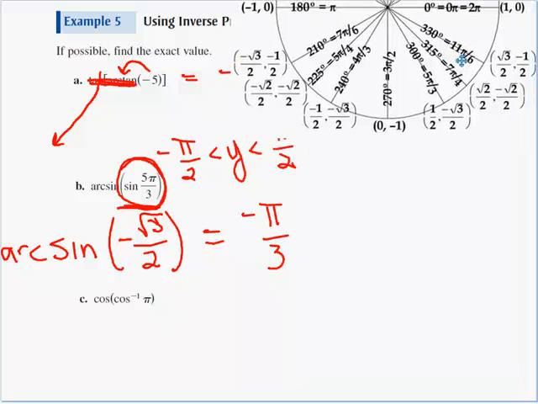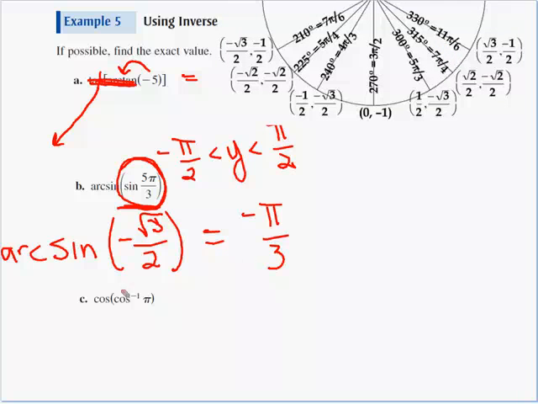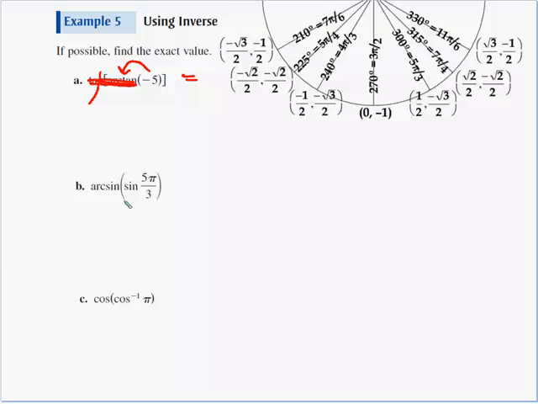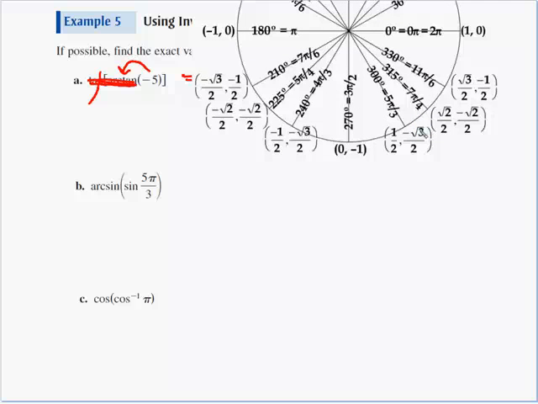So that's one way to look at that problem. Another way, and I think this might be the simpler way, would be this. We realize that 5 pi over 3 is out of our interval from negative to positive a half pi. So we go right to the unit circle, we find that 5/3 pi, and then we just find our route. We don't want to go around through the quadrants we're not defined in. We just want to go this way, and we already established that's negative pi over 3.